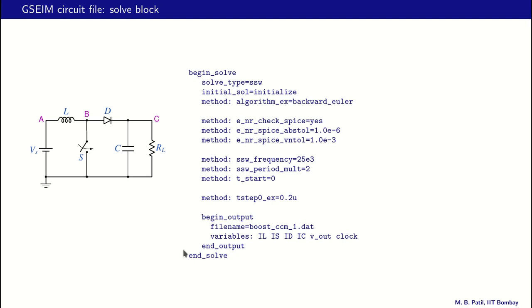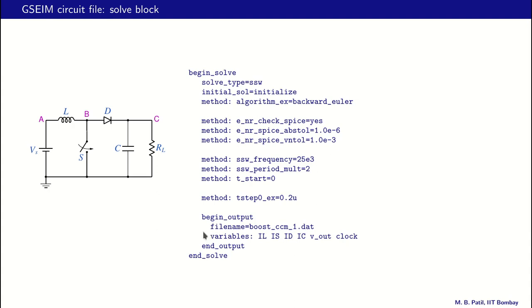Within the output block, there is a statement called file name, and that is the name of the file that we want to specify for the output file. In this case, it's a boost converter, and we expect it to be in the continuous conduction mode. So we have called this boost ccm1.dat.